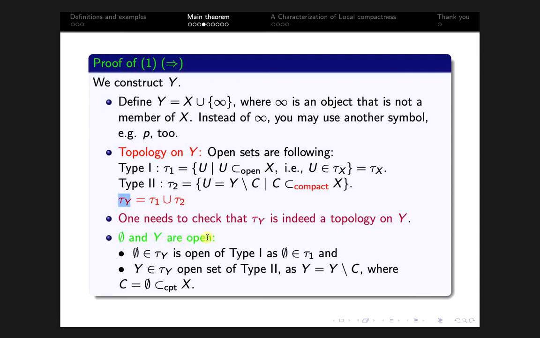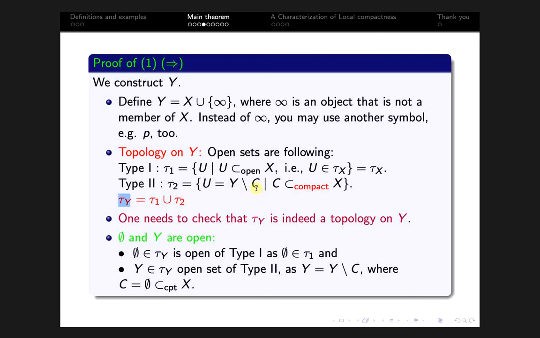Now see, empty set is in tau 1 and tau Y equal to tau 1 union with tau 2. So empty set is also in tau Y. So empty set in tau Y, this is open of type 1 because empty set is in tau 1. Okay, so empty set is open in Y. Now we have to show that Y is in tau Y. Okay, so basically see, empty set is compact.